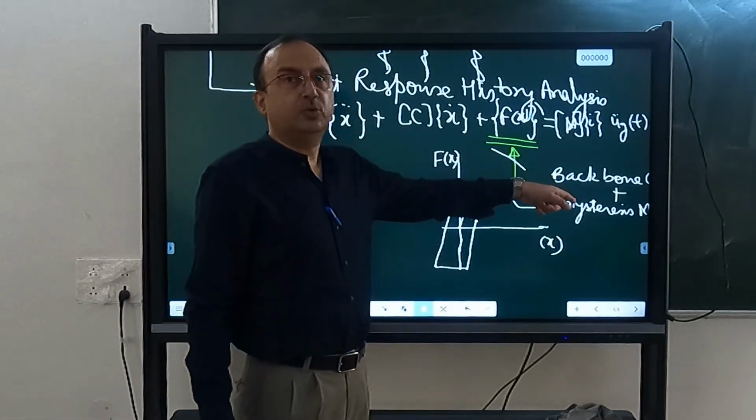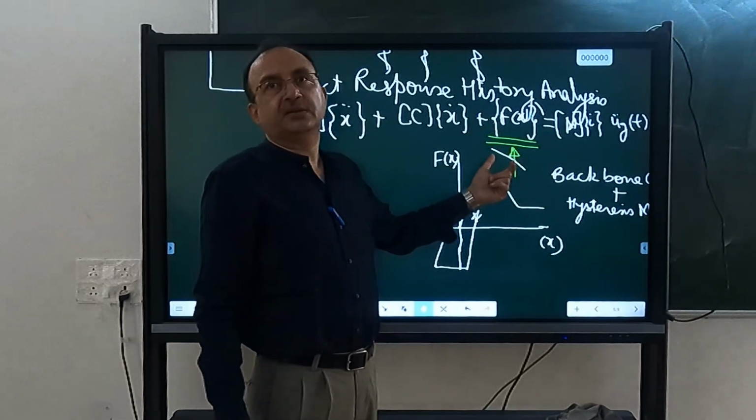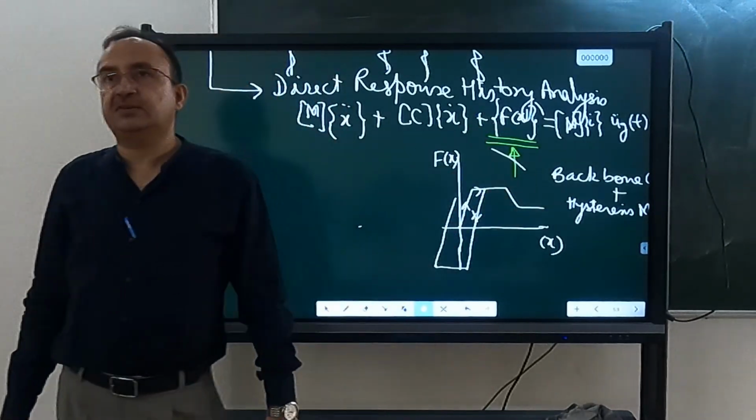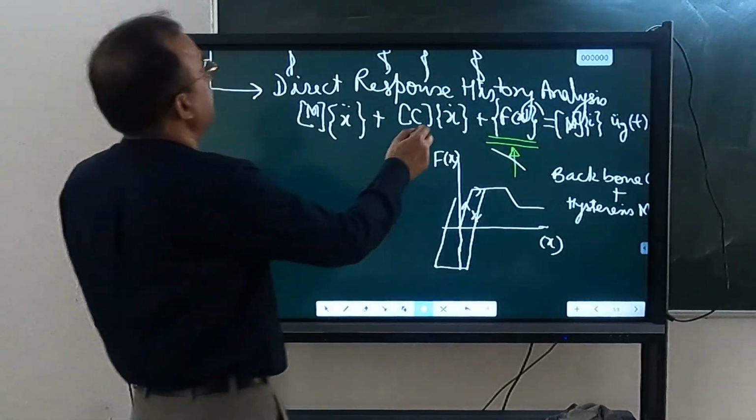So when I am doing numerical analysis, this is my non-linear time history analysis, where this fx I am using based on quasi-static tests of different elements. Okay. Based on that, I will develop the numerical model.